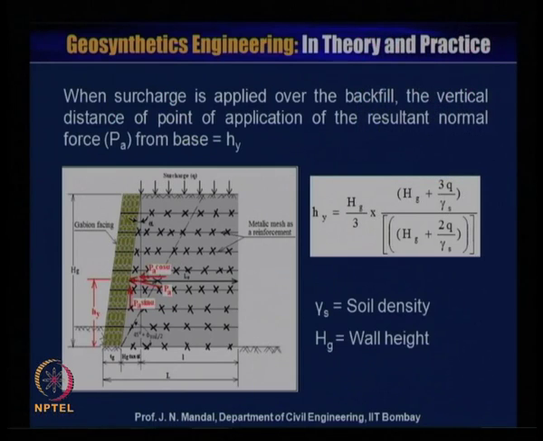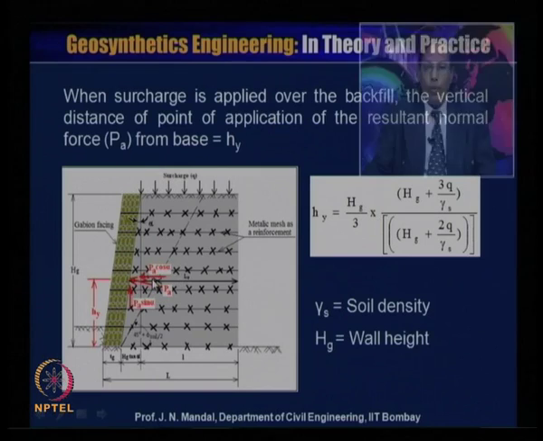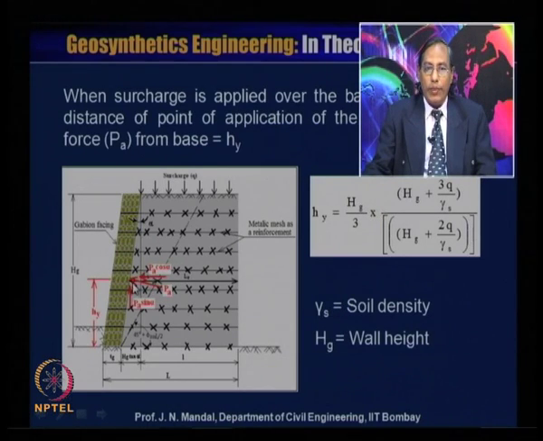Now when the surcharge is applied over the backfill, the vertical distance of the point of application of the resultant normal force, that is Pa, from the base is Hy.